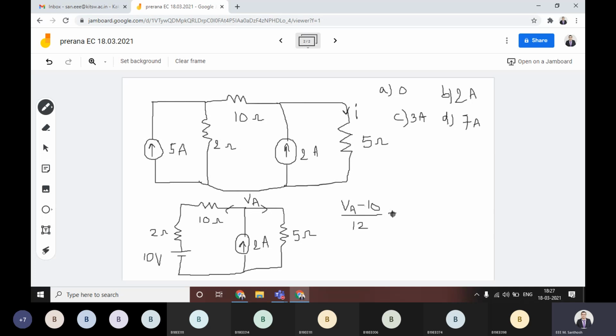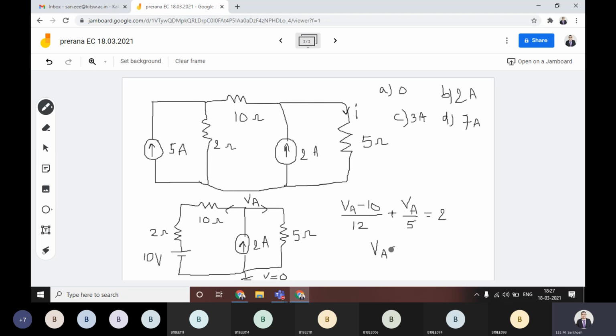We have another current that is leaving. This is VA, then the other value at ground potential, if you assume, then this is 5. You have to always assume this is at ground potential. Ground potential means voltage is equal to 0. And in that case these are leaving, entering value is 2. Entering is equal to leaving. Then if you solve this equation you will get VA.